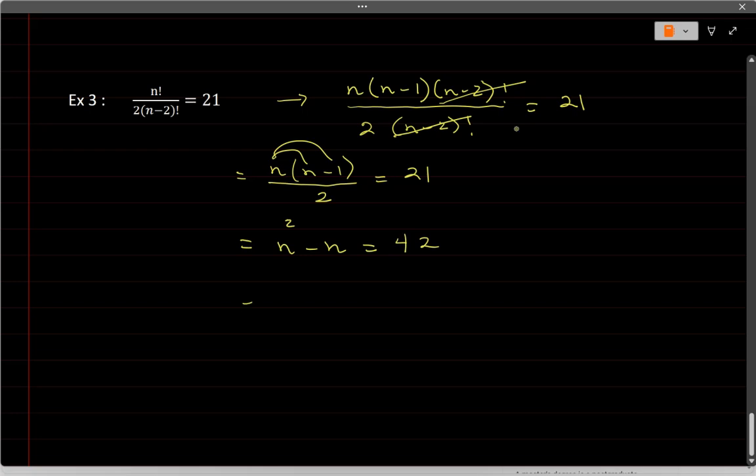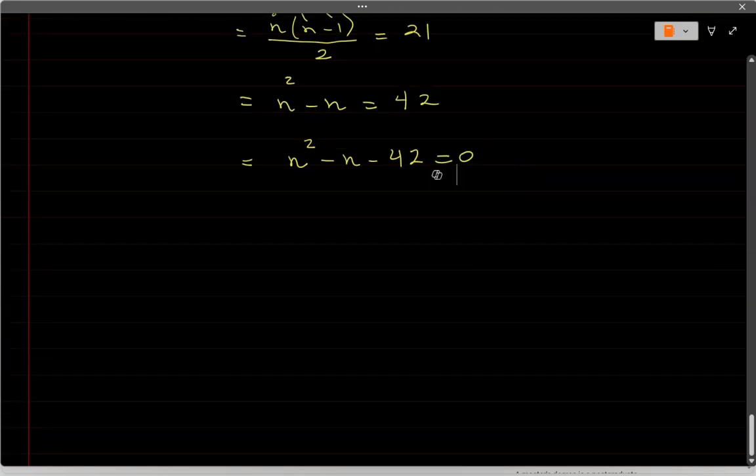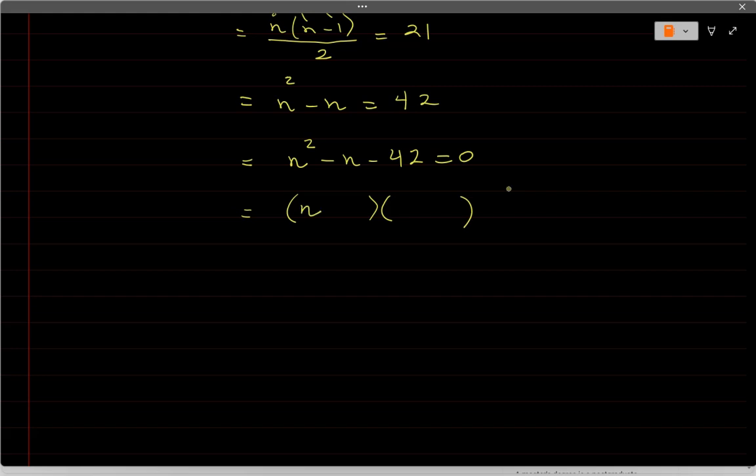Then we have n squared minus n minus 42, set equal to 0. Here again, you can use the quadratic formula or the factoring technique to solve this. You get two brackets, open up, n and n, and that's minus 7 plus 6, set equal to 0. Two answers: n equals 7 or n equals negative 6.